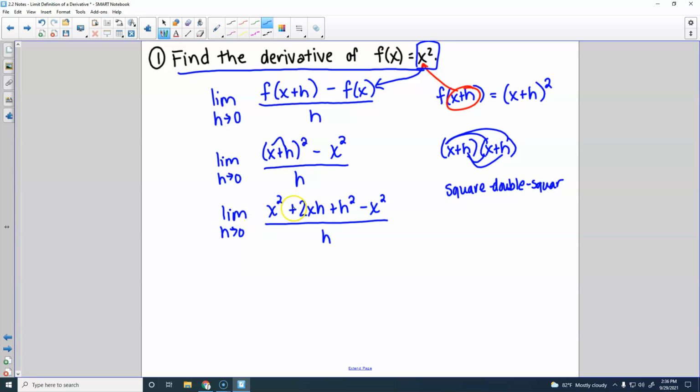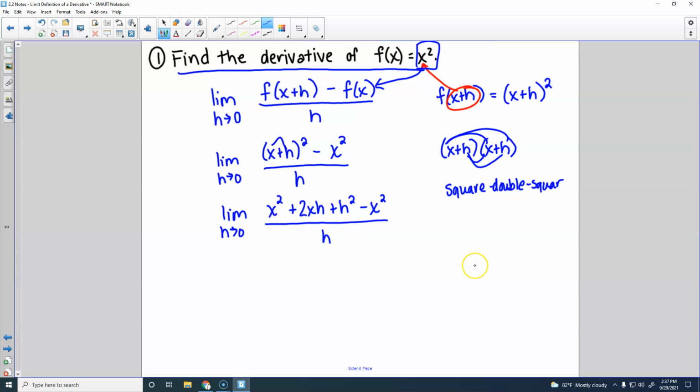So that gives you 2xh. Yeah, because there'll be a 2 whenever you multiply it out. And then square the last, which is h squared for this one. So that's just a shortcut, so you don't have to show every single step.